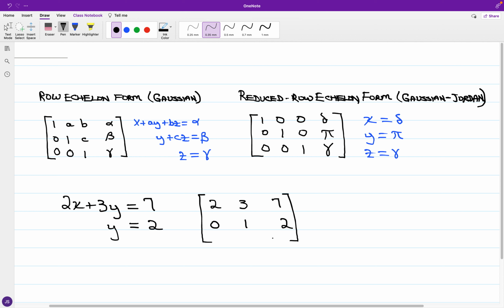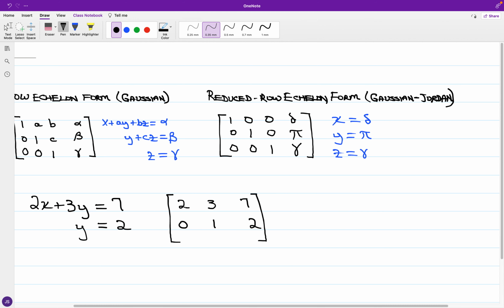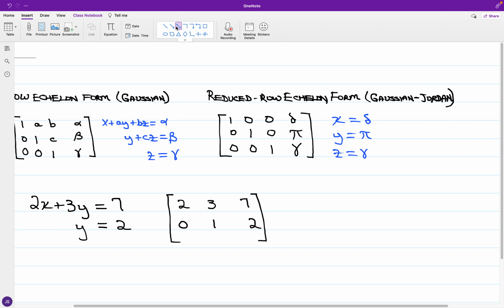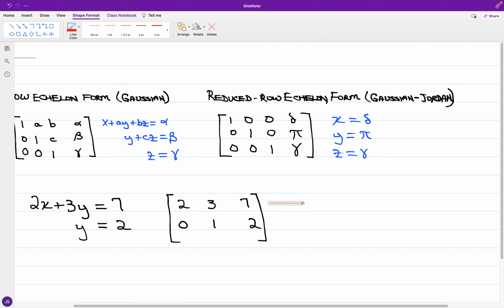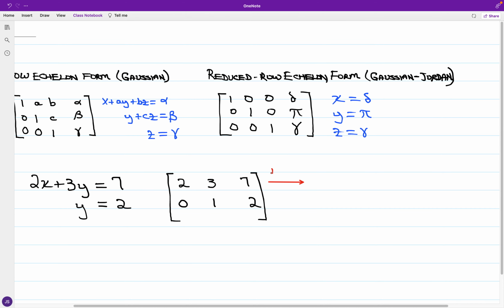If I put this in terms of row echelon form, I want the upper left hand entry to be 1. So to transition from 2 to 1, I would just be taking 1/2 of the first row.